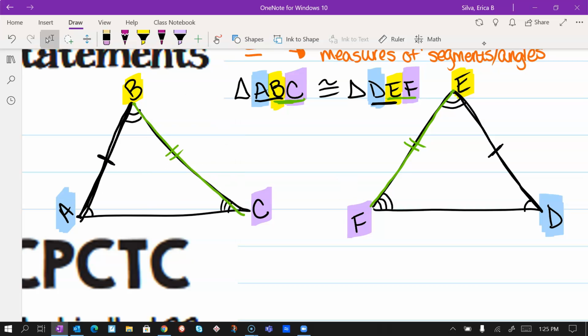And then finally, we go AC. AC is congruent to DF. So we're going to use 3 tick marks to show they're congruent. So you can tell a lot by the way 2 triangles are shown in their congruency statement.